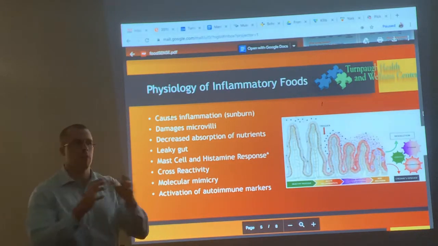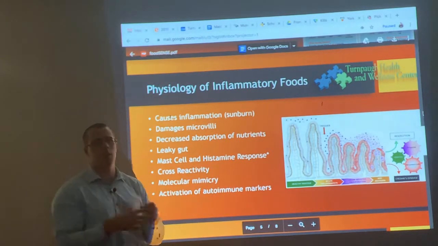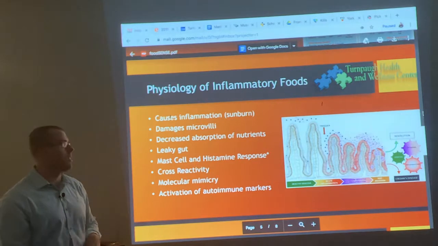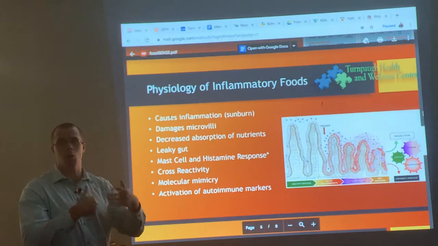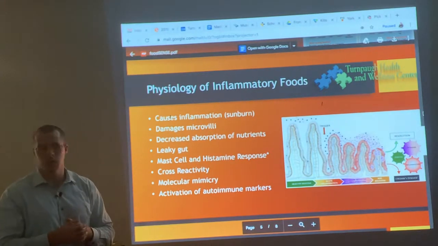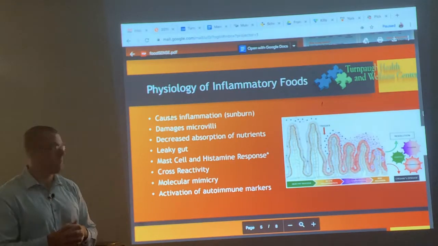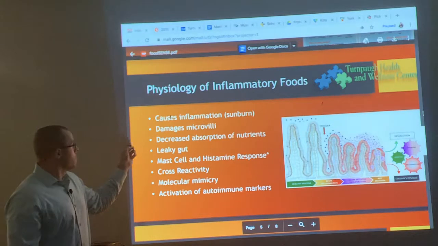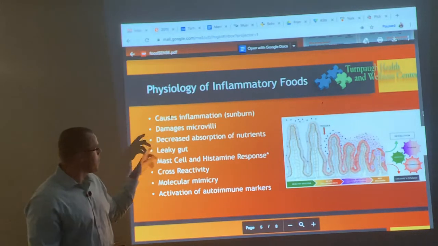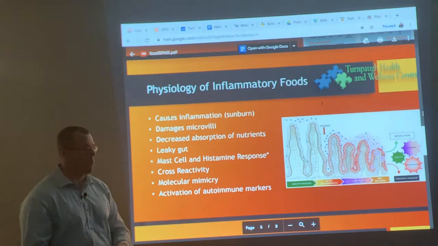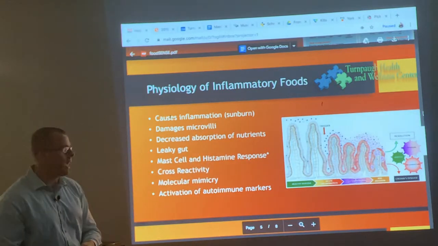Now we're shifting to more bad bacteria than good gut bacteria. So you can see how this can snowball very quickly, and go in a very bad direction quickly. That summed up the decreased absorption of nutrients, because we talked about the microvilli.